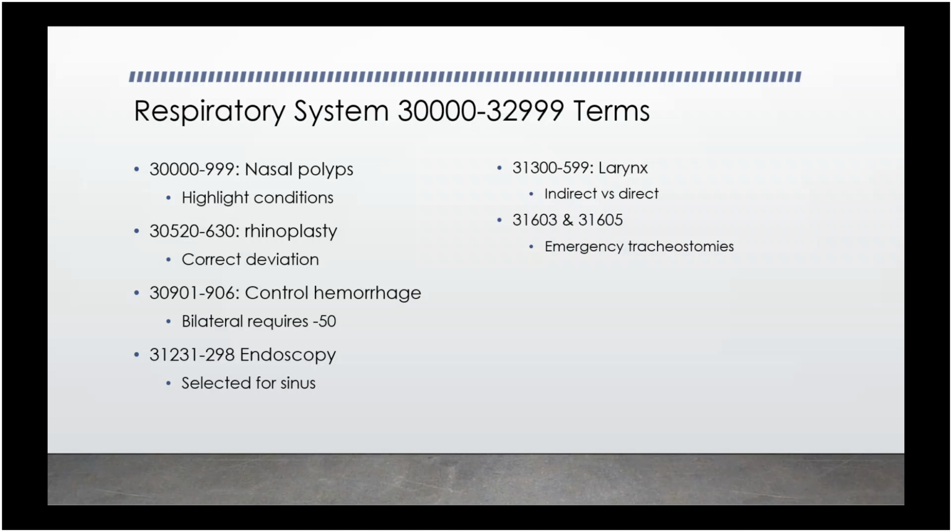So you want to make sure that as you're reading, you pay close attention to all the details within the question. That's where you'll get off on selecting the wrong answer, because you'll miss a tiny detail in a short statement. 31,603 and 31,605, these are emergency tracheostomies. It will specifically say emergency, so you'll want to pay attention to that.